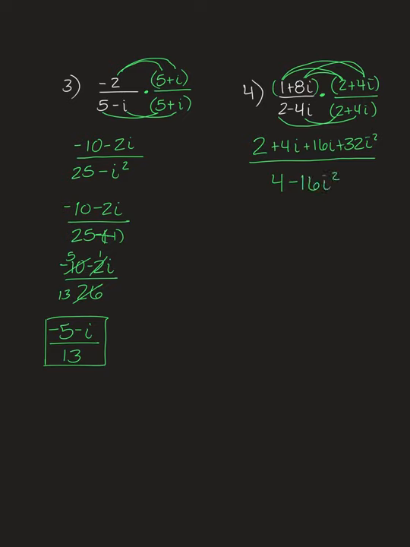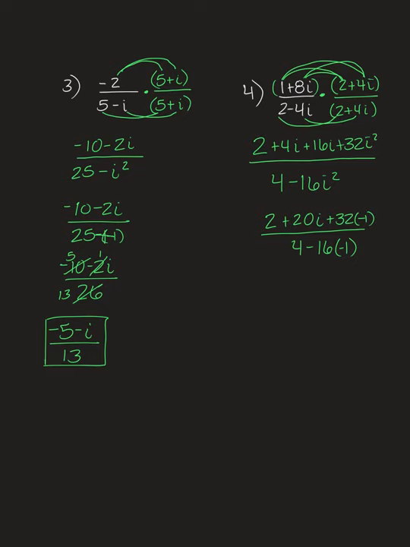Okay, so we can simplify this a little bit more. So we will get 2 plus 20i plus 32 times negative 1. That i squared turns into a negative 1. And my denominator here is 4 minus 16 times negative 1, which will in turn turn that into a plus. So 32 times negative 1 is negative 32.